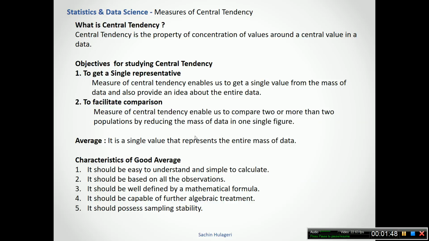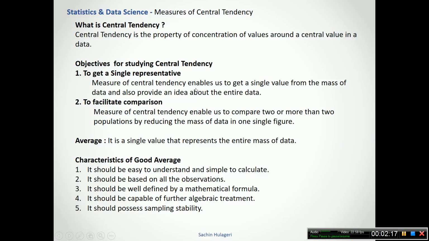Let's see the objectives of central tendency. First, to get a single representative. As we discussed, there is a set of students in a classroom and we want to give a single representative of the class. In this case, we use central tendency, a single representation of mass data.